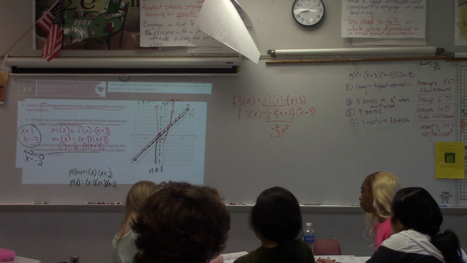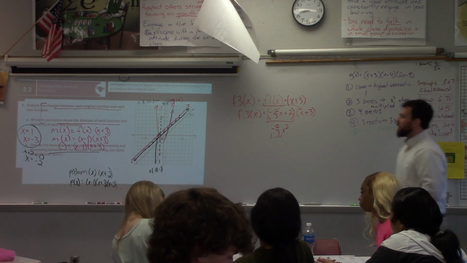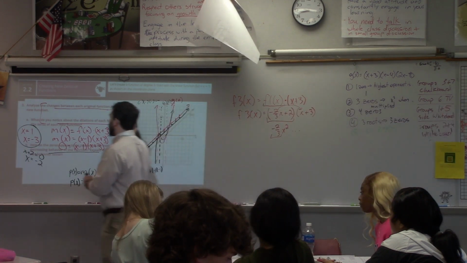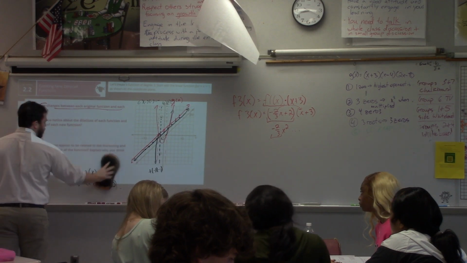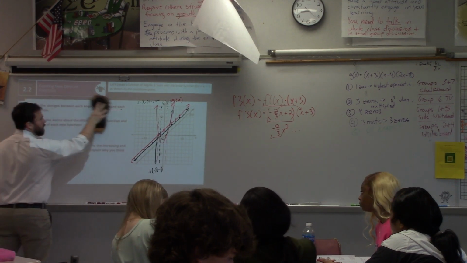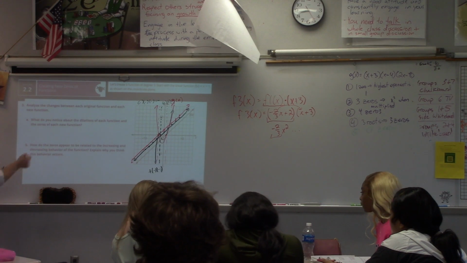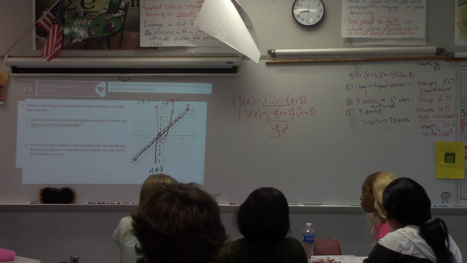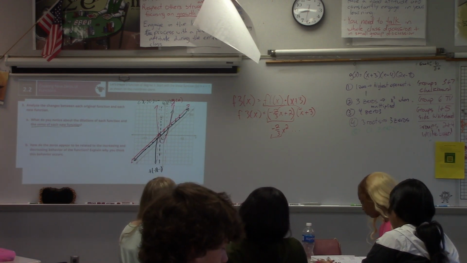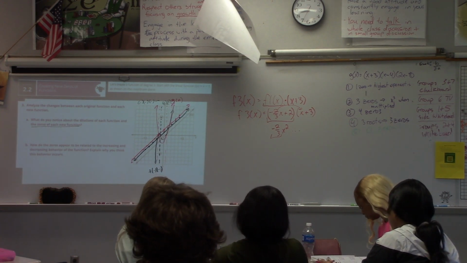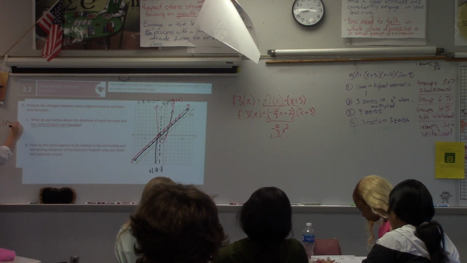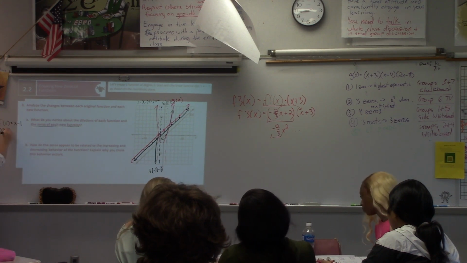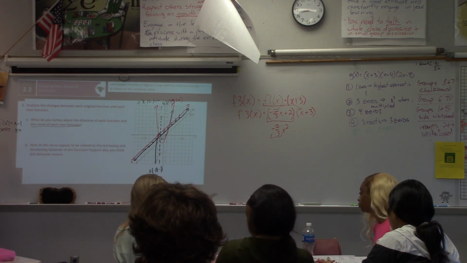All right, from here. So what do you notice, 3a, what do you notice about the dilations of each function and the zeros of each new function? Well, let's focus on this. Where are the new zeros for each new function coming from? Well, so like when we started out with f of x equals x minus 1, what was the 0? X equals 1.